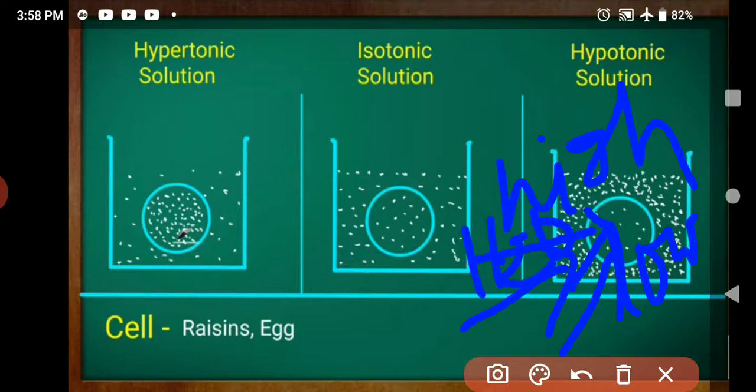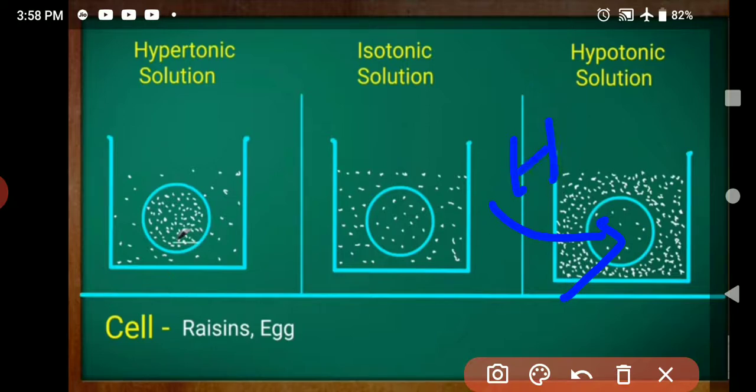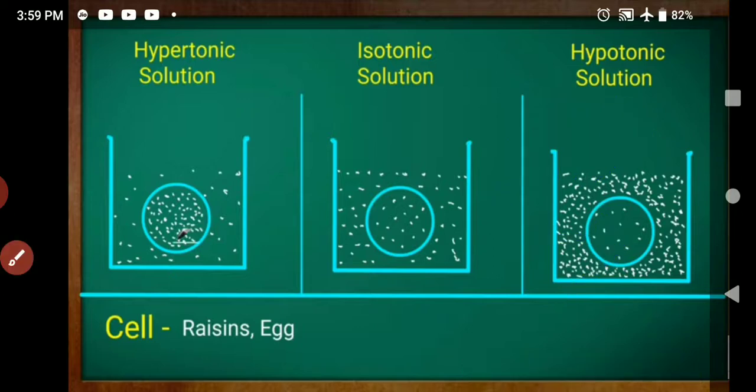In hypotonic solution, the cell gains water because outside the cell concentration is high and inside the cell concentration is low. So water moves from outside the cell to the inside of the cell and the cell gains water. Now all of you understood hypertonic solution, isotonic solution and hypotonic solution.